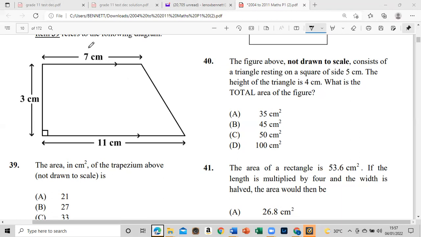So it's A, calculate with this as A and this side B. So it's A plus B, divided by 2, and times the height, right?